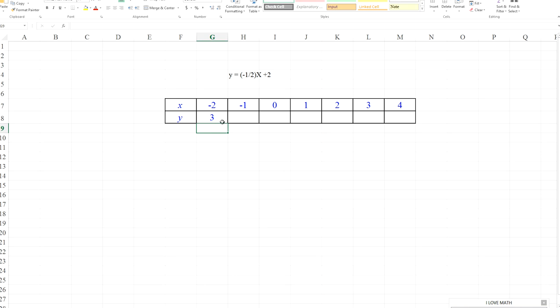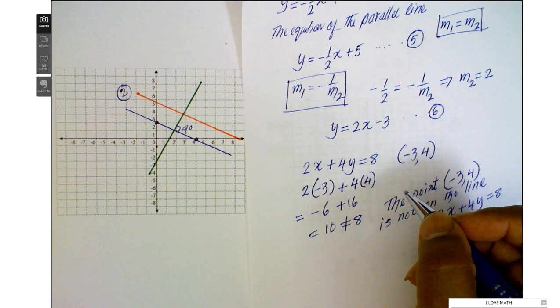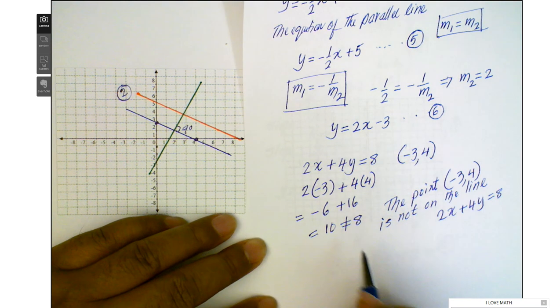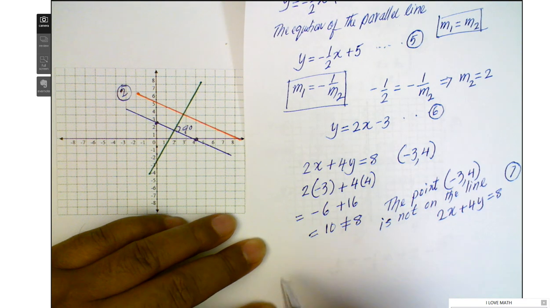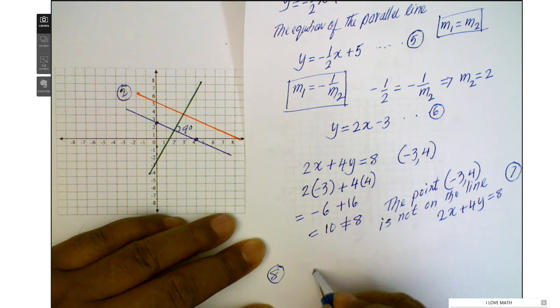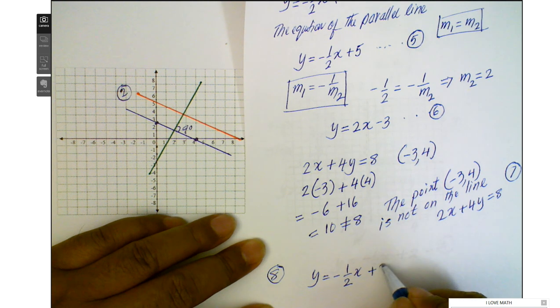And I can check this number. My equation is, this is number 7. And number 8, we are working on number 8. So my equation y is equal to negative 1/2 x plus 2.